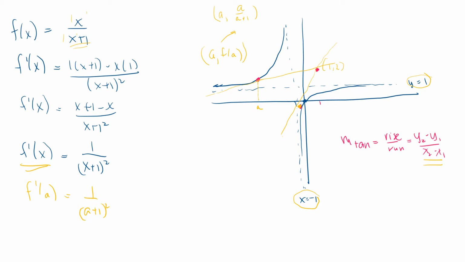And the slope of the tangent line, using rise over run, if this is 0.2 and this is 0.1, can be written as (2 minus A/(A+1)) over the difference in the x's, which is 1 minus A. So these two have to be equal because they both are the slope of the tangent line.